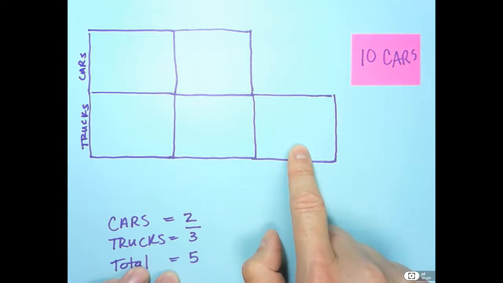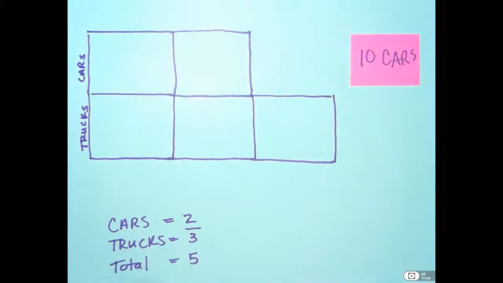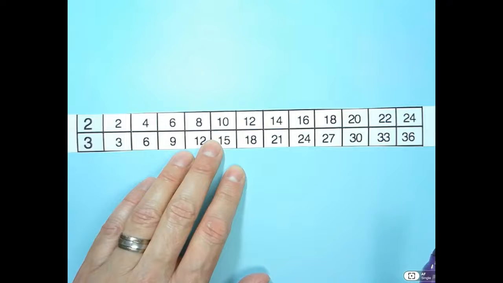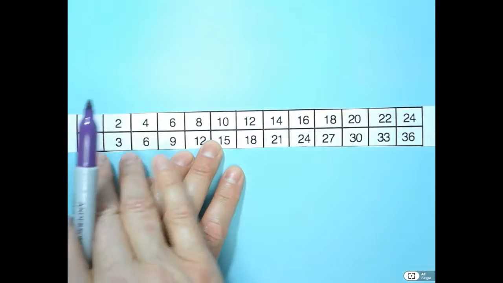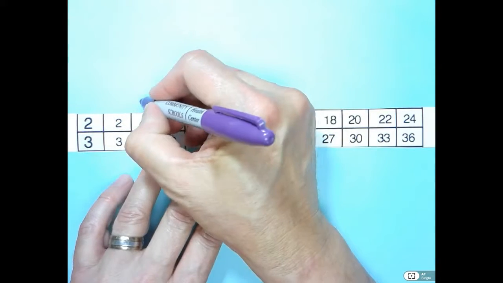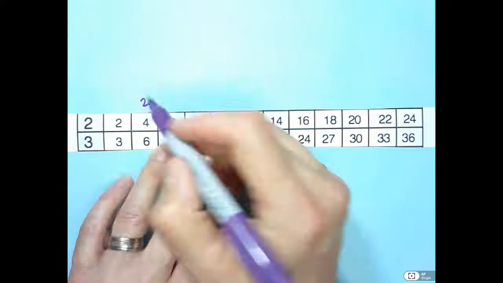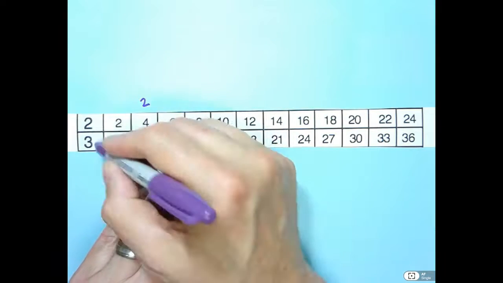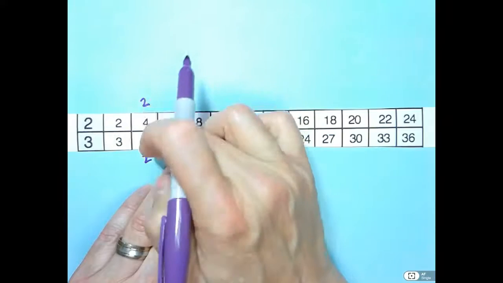If we go back to our tape diagram for just a moment, we can see that same concept displayed, because here we had 2 groups of 2, and here we had 2 groups of 3. So there was always the same number of groups.